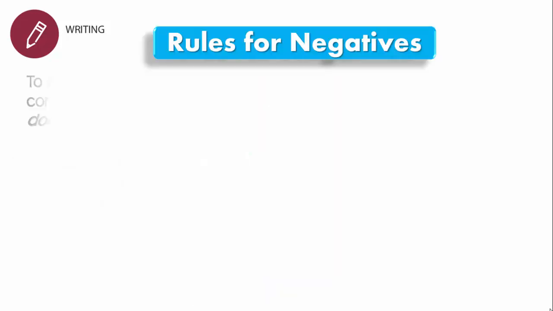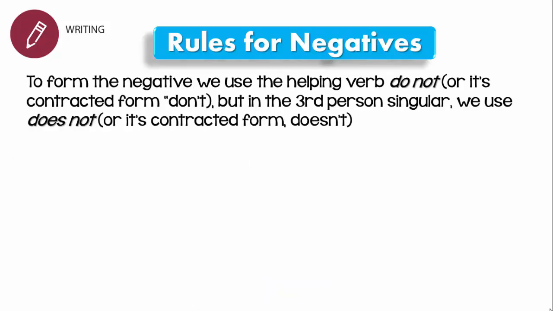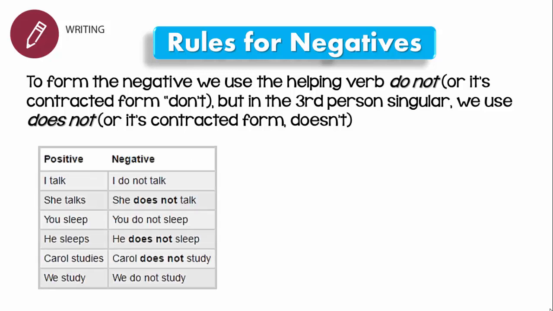Rules for negatives. To form the negative, we use the helping verb do not, or its contracted form don't. But in the third person singular, that is he, she, or it, we use does not, or its contracted form doesn't. For example, I talk, I do not talk, or I don't talk.